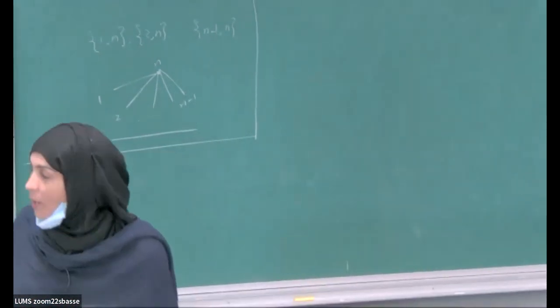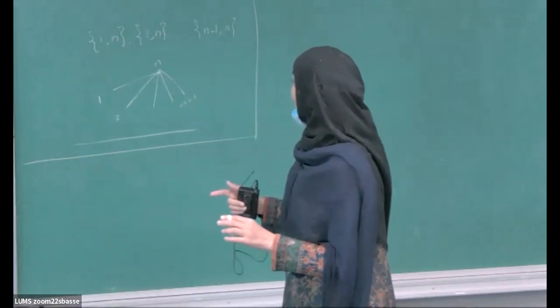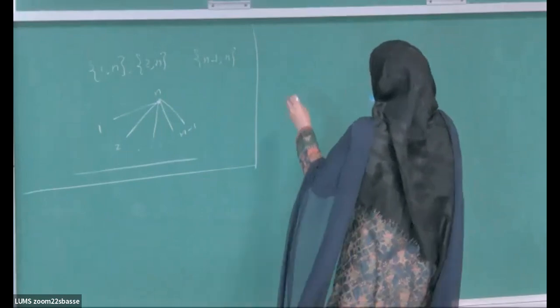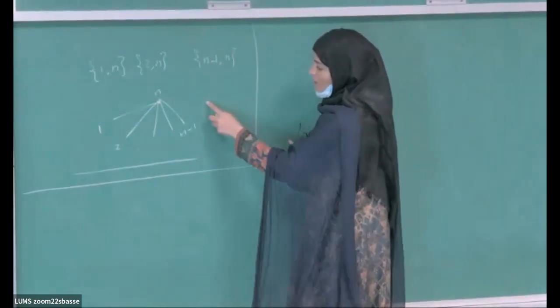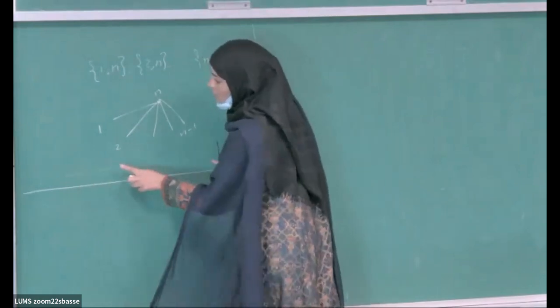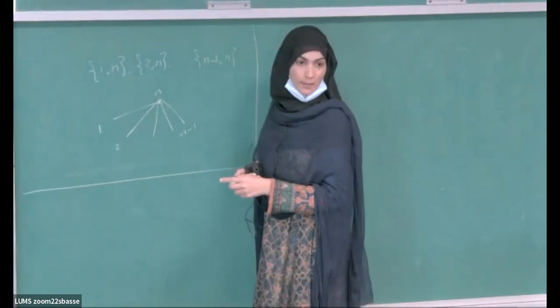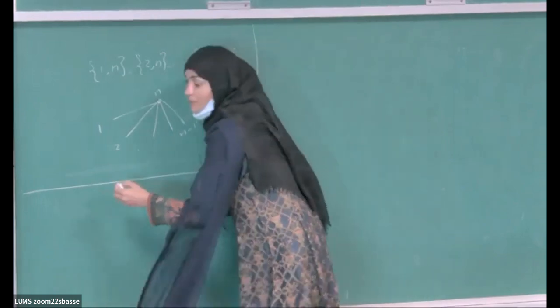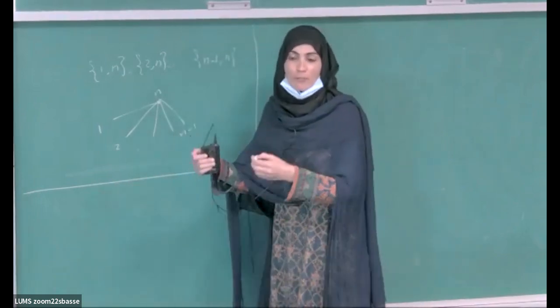Okay, now we will see the connection. You know that there is some algebraic connection between simplicial complexes and algebra. We know that there is a very standard ideal associated to every simplicial complex.